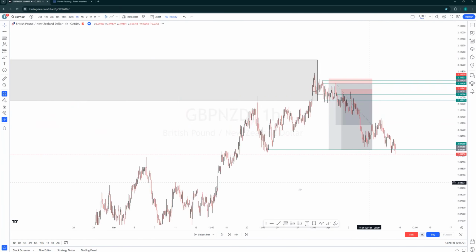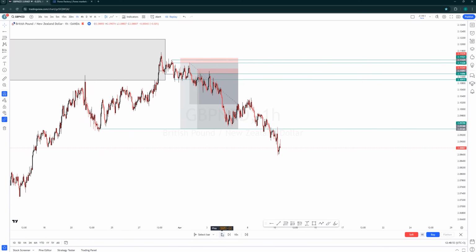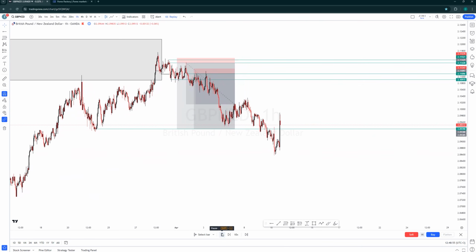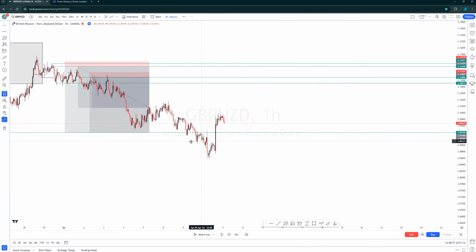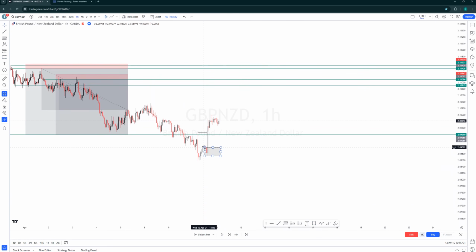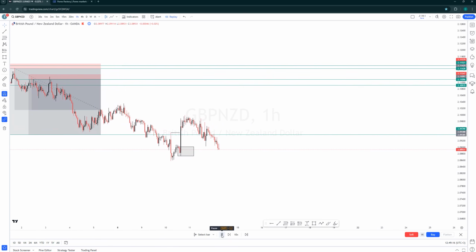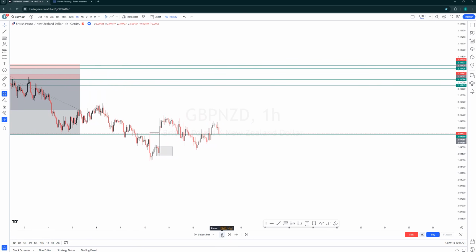Also, in the previous video, if you watched it, I showed you how we managed to take this buy trade at this point, because we had this change of character here, and also we had this inside formation at this point. So this was the area that you have to consider to take the entry. As you can see, the price came and took the entry from that point and then moved above.